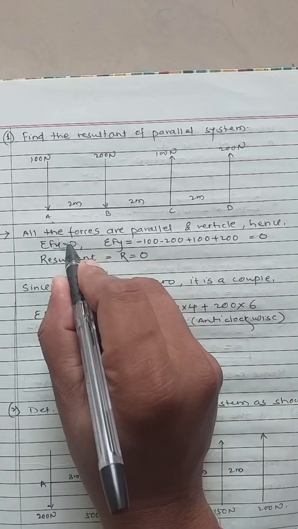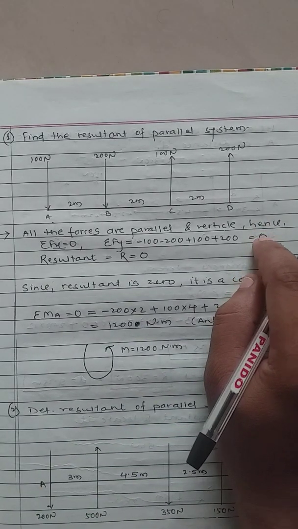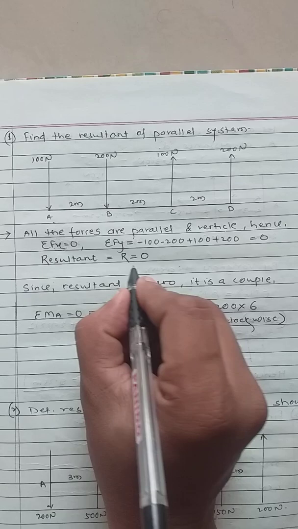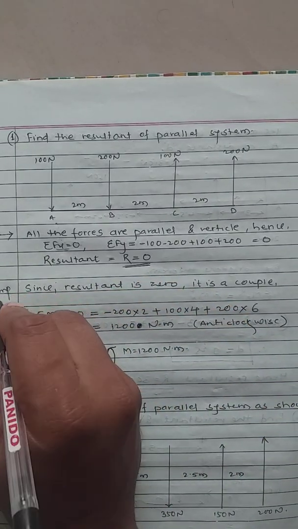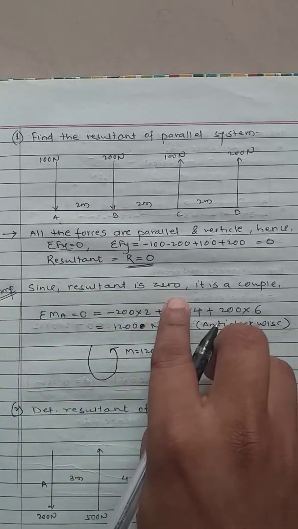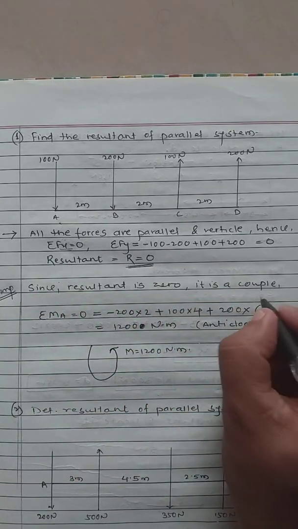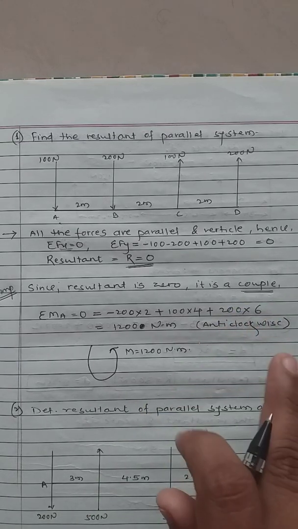F_x is 0, F_y is also 0, which means the resultant will be 0. And this is very important: when the resultant is 0, it is termed as a couple. I hope you are getting my point.